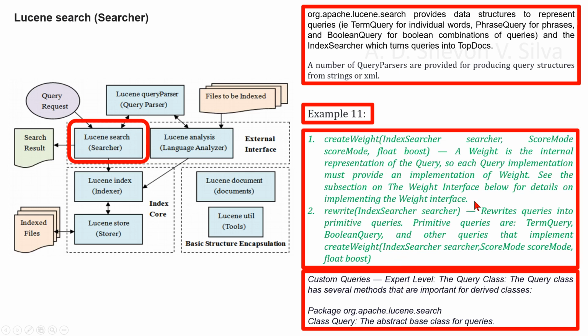One, createWeight(IndexSearcher, ScoreMode, float boost). A weight is the internal representation of the query, so each query implementation must provide an implementation of weight.